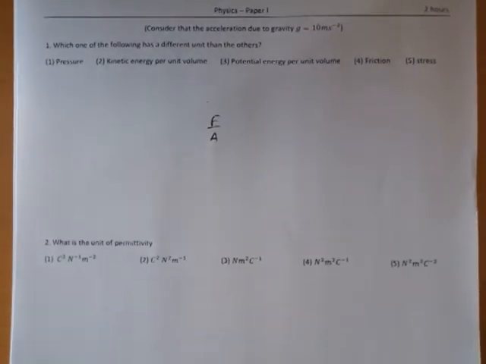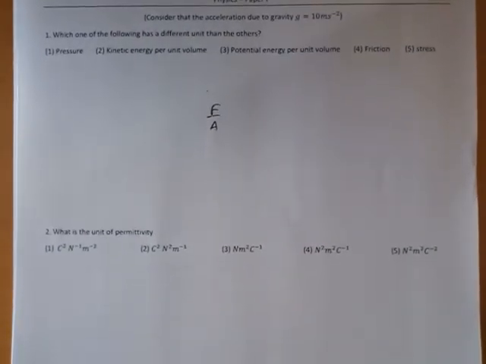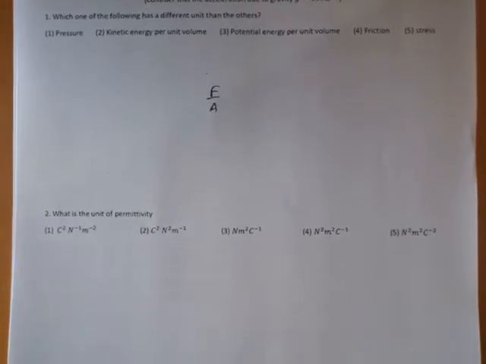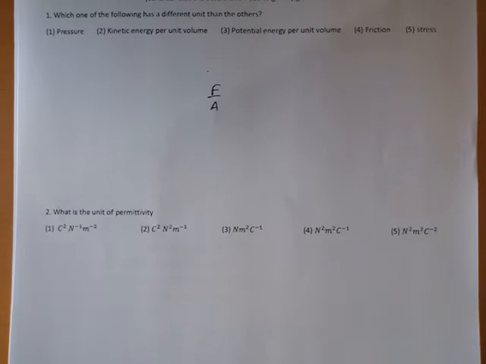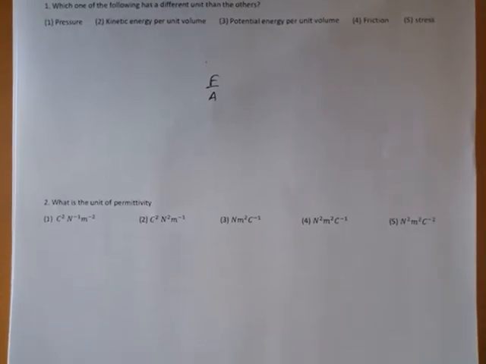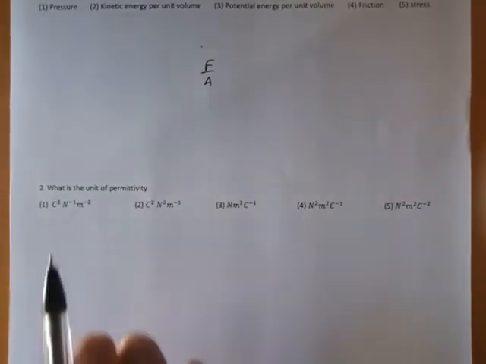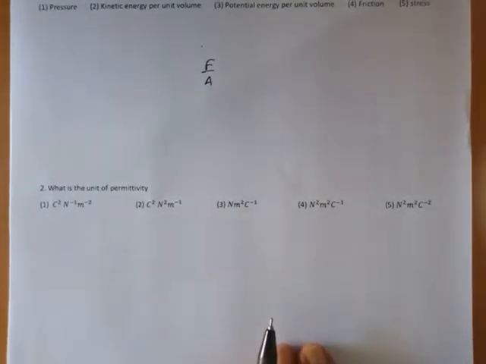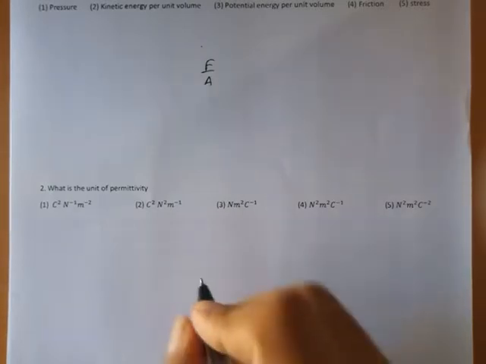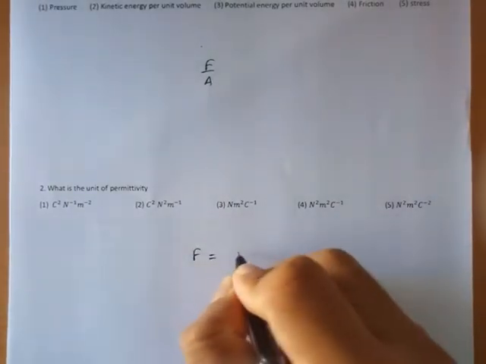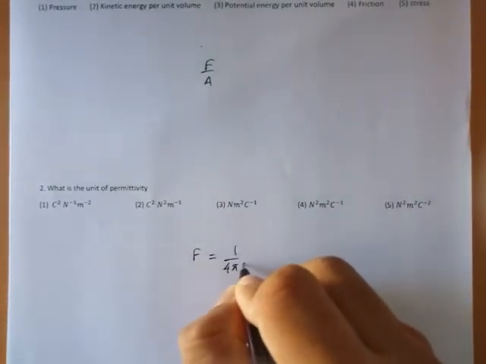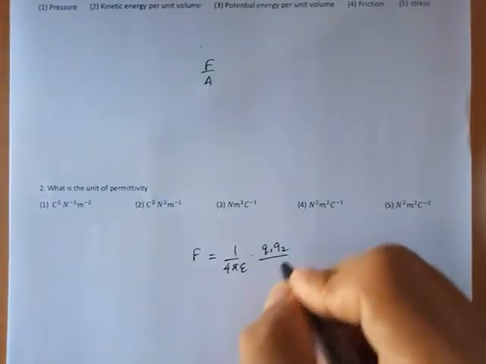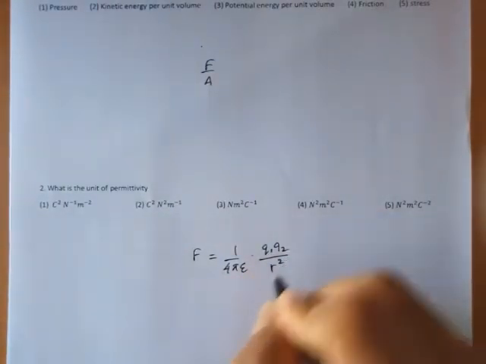What is the unit of permittivity? Actually, this is a very easy question. If you don't know the answer for this, it means that you haven't practiced enough problems in electric field. Anyway, the answer is the first one, and let's see how it comes. If I consider the equation of Coulomb's law, I can write force is equal to 1 over 4 pi epsilon times the product of the charges divided by the separation between the charges.